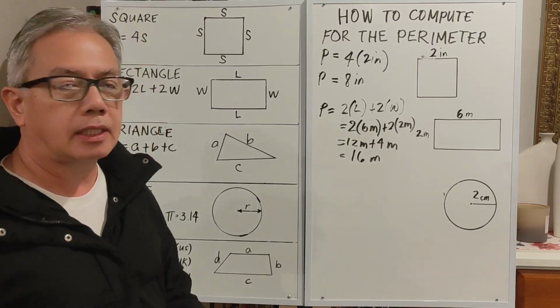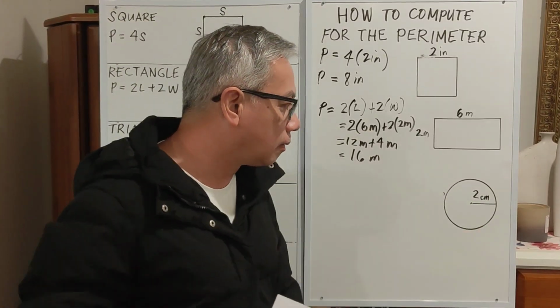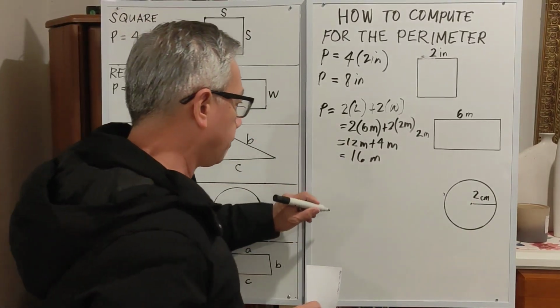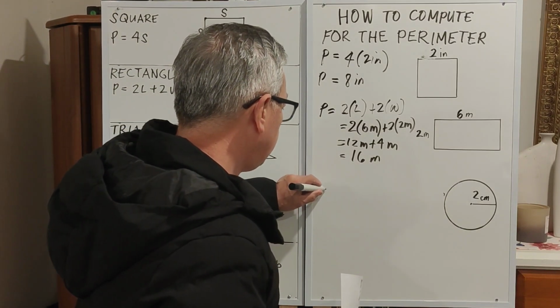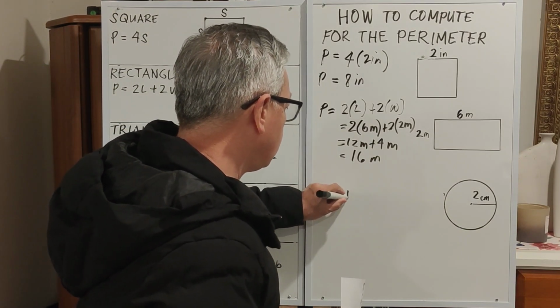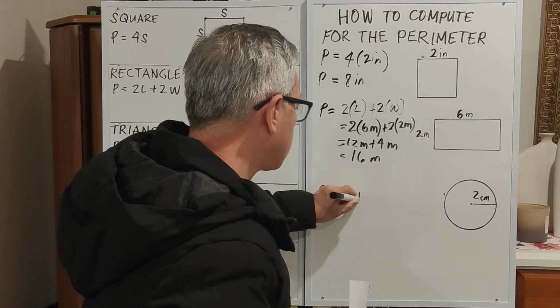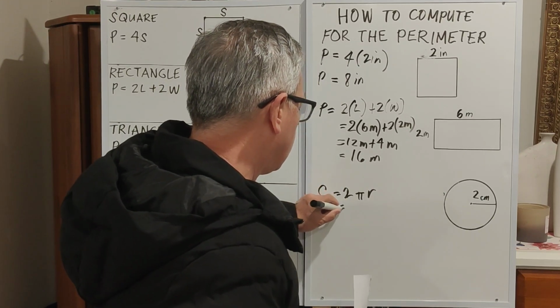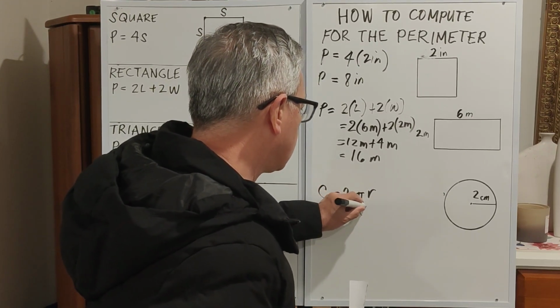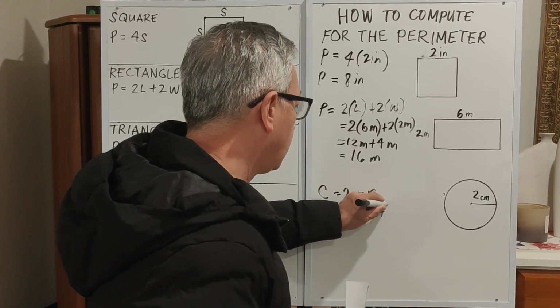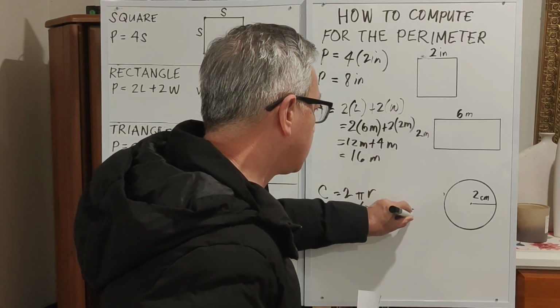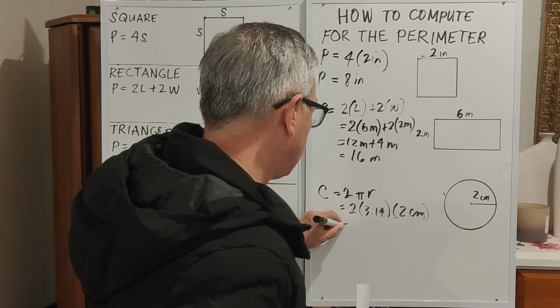If we have a circle that has a radius of 2 centimeters, the circumference is 2 times pi times r. So that will be 2 times 3.14 times the radius, which is 2 centimeters.